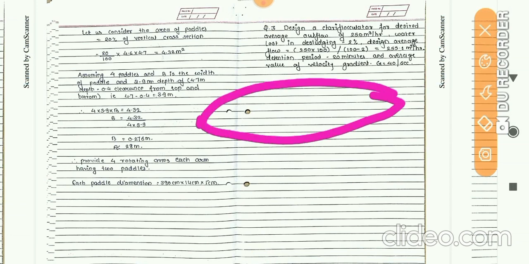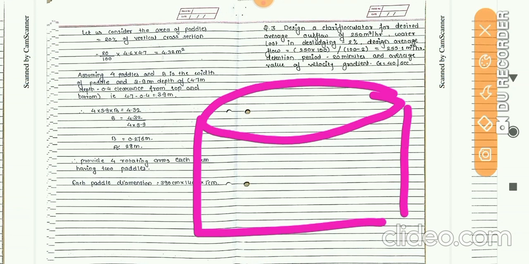Now assuming 4 paddles for that flocculator, and B is the width of that paddle. So we have to calculate the B. Again the paddles will be at the bottom, somewhat distance from the top. So this is the circular flocculator, this is the depth, total depth is 4.7.